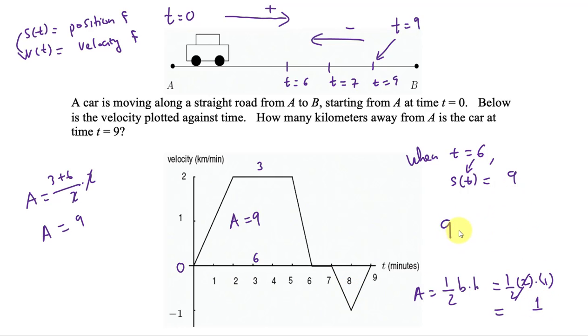So the final answer is 9 minus 1, or 8 kilometers away from point A at the time t equals 9. So we are 8 kilometers away from point A.